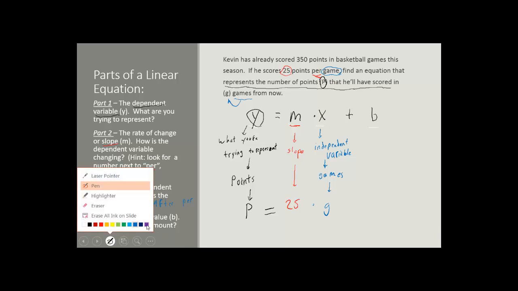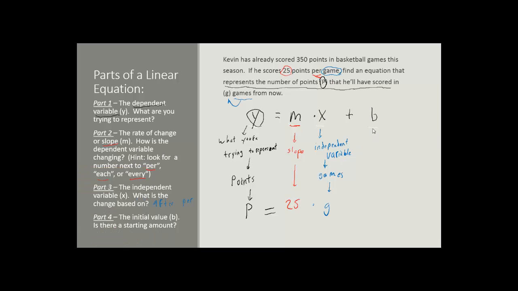That takes us to our fourth variable, the b. Now, the b is just the initial value. And so let's look through the question and see if it mentions some kind of starting amount. Well, it says Kevin has already scored 350 points.